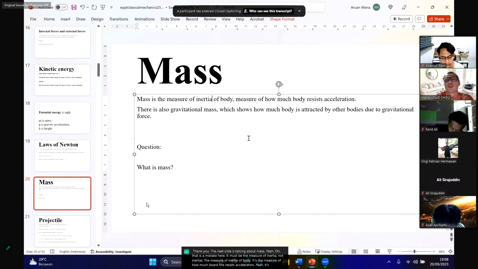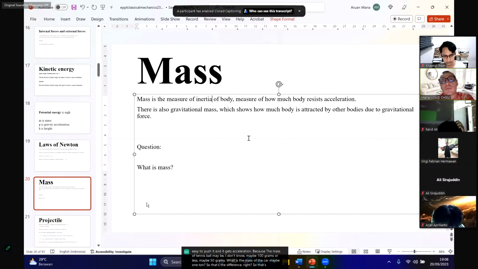If something is really, really massive, for example a car, it's really hard to push a car so that it gets acceleration. But if you have, let's say, a tennis ball, it's really easy to push it and it gets acceleration, because the mass of a tennis ball may be, I don't know, 100 grams or less, maybe 50 grams, whereas the mass of the car may be 1 ton. So that's the difference, right?